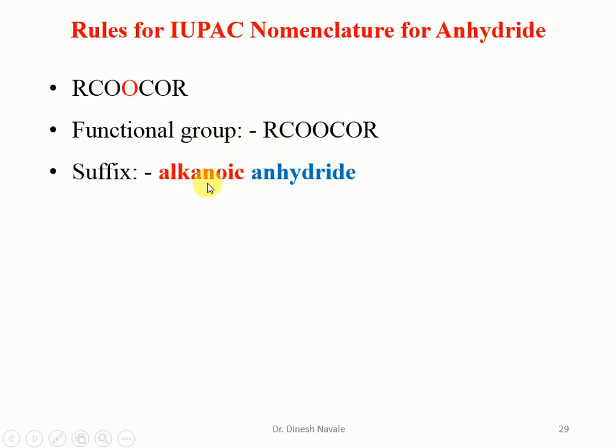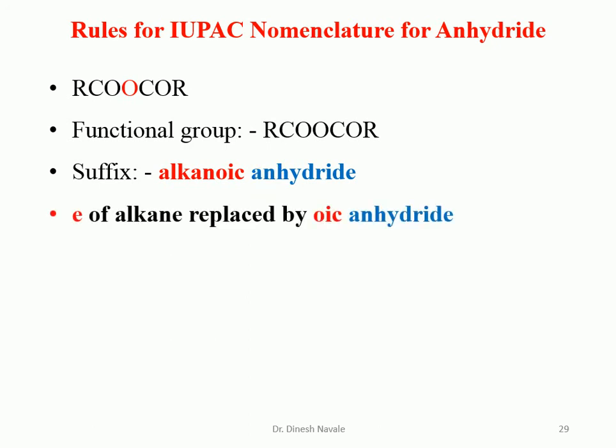Alkanoic group, and anhydride will be utilized as the suffix, because it is the derivative of the acid, the alkanoic acid. So we have to write down which is the acid part. The acid part will be written as alkanoic, and the remaining group will be written as anhydride as it is. So it is alkanoic anhydride.